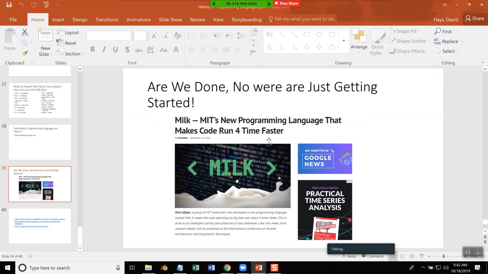Yeah, they're really pushing Milk. That's MIT's new programming language, and again, this says it makes code run 4 times faster. But that's the idea. It's taking advantage of the new hardware design.